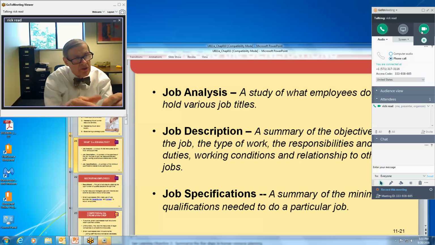The major thing that I want you to take away from this slide is minimum qualifications. There's a reason for that.